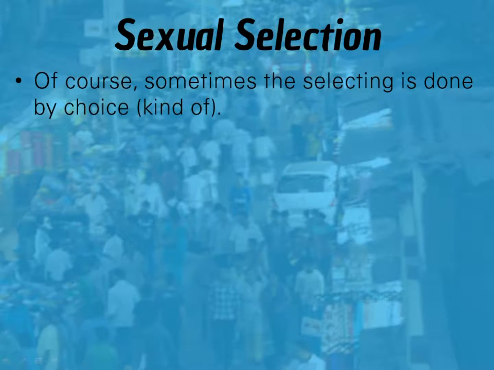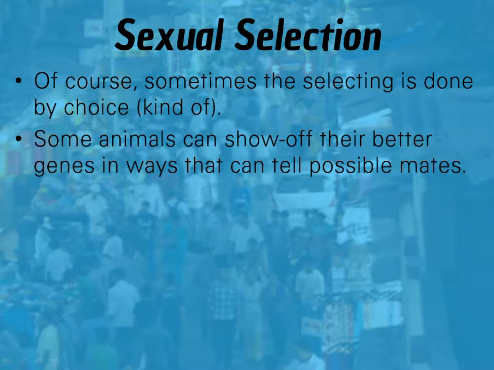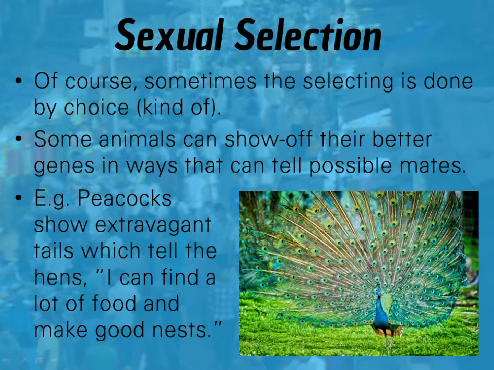So there are other kinds of selection which are slightly less random. Now sometimes there is some actual selection done by choice, kind of. Some animals show off their better genes in ways that can tell possible mates about this. So for example, male peacocks have a very extravagant tail, and the bigger and brighter this tail is, it's more likely to display to the peahens, "Hey ladies, I can find a lot of food and make good nests, because how else would I be able to keep this wonderful tail in order?"